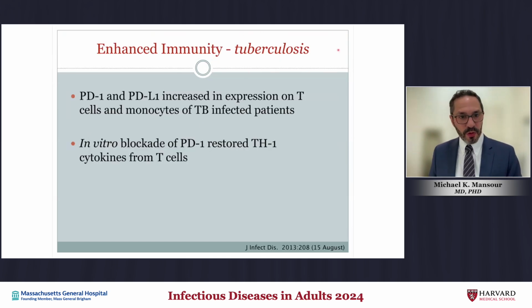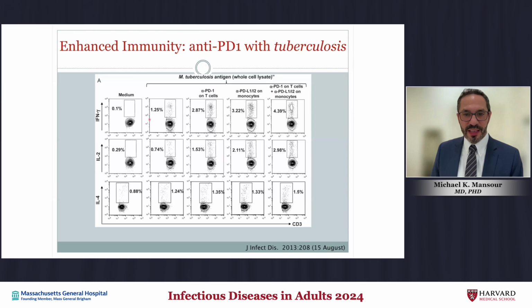One example is tuberculosis, where we see that T cells responding to TB express checkpoints like PD-1 and PD-L1. And so if you block these, you can see in vitro this enhanced expression and population growing of T cells that produce interferon gamma, IL-2, in response to tuberculosis. So there is some in vitro evidence that blocking these checkpoints can give you an enhanced anti-TB T cell population.